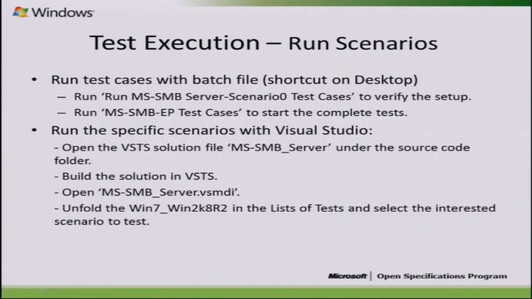So once you set up your test environment, you can run scenario 0 on the desktop to check if this case can pass or not. And another way, after scenario 0 has passed, you can run the test cases shortcut, also on the desktop, to start the complete tests. So these 2 ways help us to run the test cases.